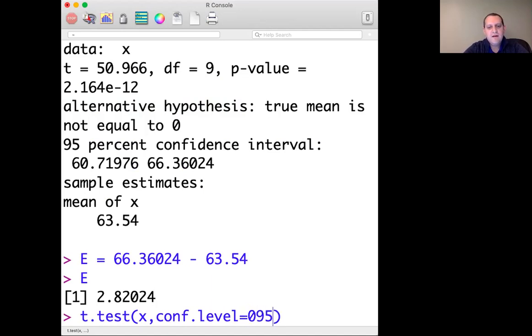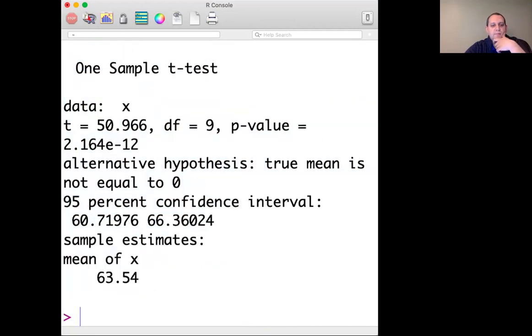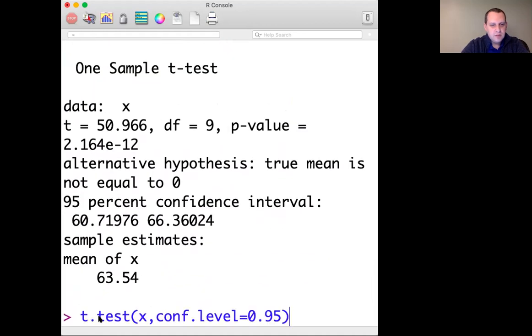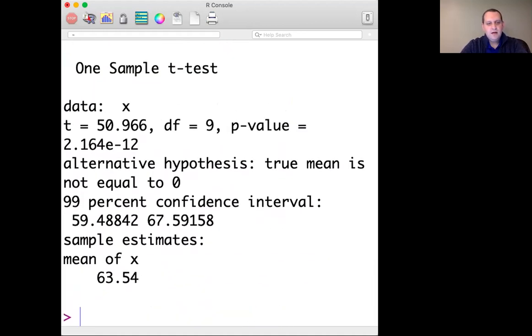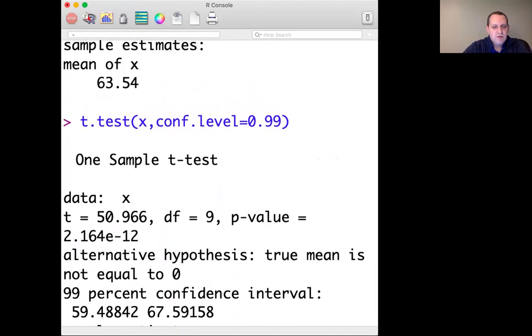If you do 95%, it will be the one that we had before, giving us the same value as we had here. By default, it assumes that we want a 95% confidence interval. If we wanted a 99% confidence interval, we can change the 95 to a 99. There's our 99% confidence interval. Super easy. It agrees with everything that we know.